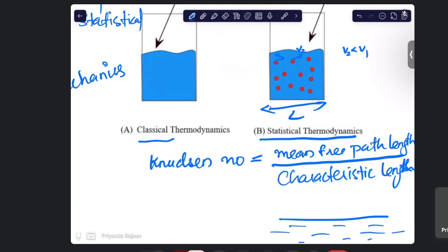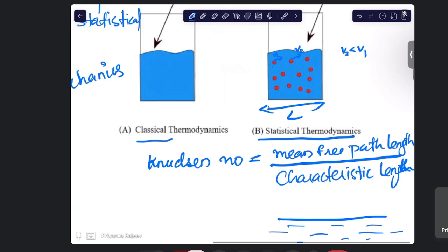Before colliding with the second molecule, how much path length it has traveled comes under free path length. So free path length is the distance a molecule travels before colliding with another molecule.